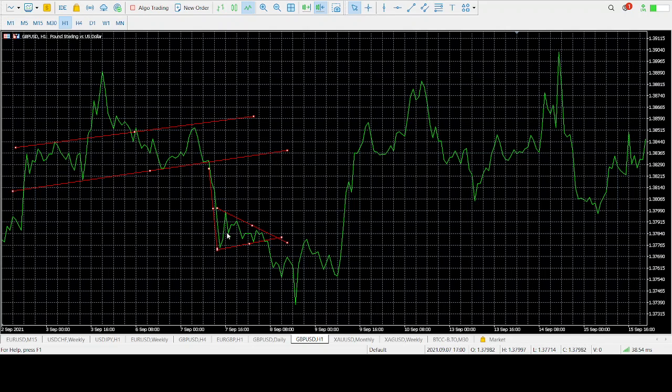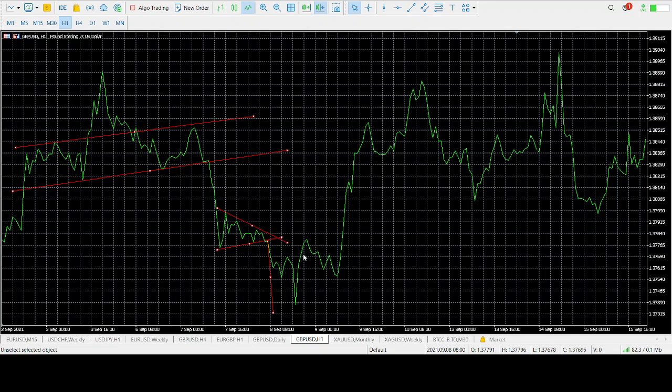So you would use the height of this leg, and because it was a pattern here, we would use it from here, and we would use that pole for a take profit target. On the breakout, but it didn't happen like that.